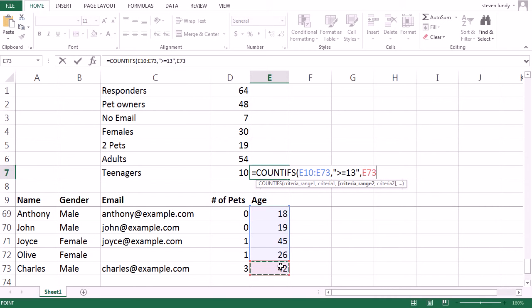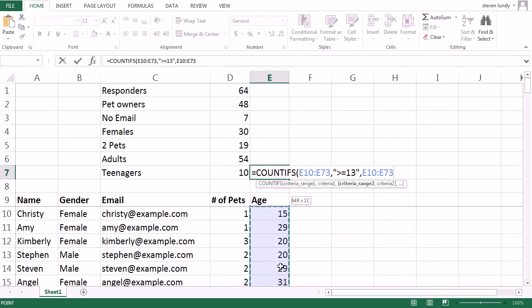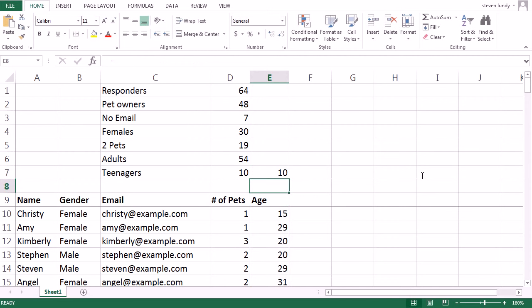Select the range again, and put our second criteria, that it's less than or equal to 19. This will only count the cells that meet both conditions, that it is both greater than or equal to 13 and less than or equal to 19. And we can see that it gives the same number.